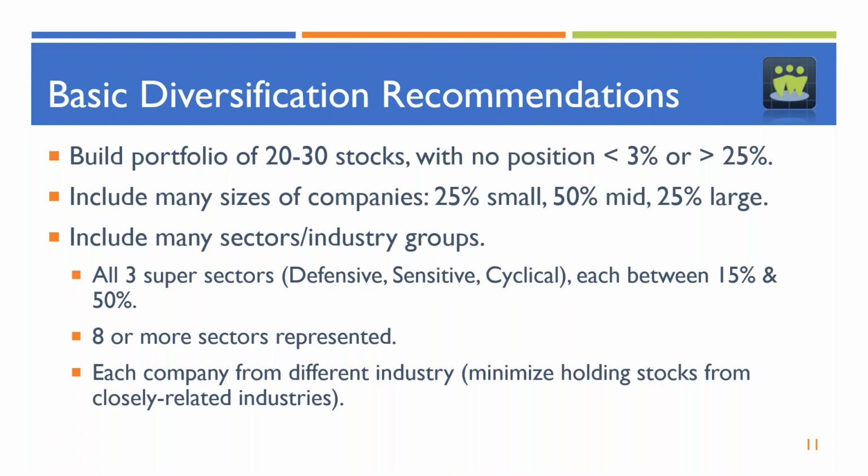Better Investing suggests that you include many different sizes of companies, and they suggest an allocation strategy of holding 25% of your portfolio in small companies, 50% in mid-sized companies, and 25% in large companies.